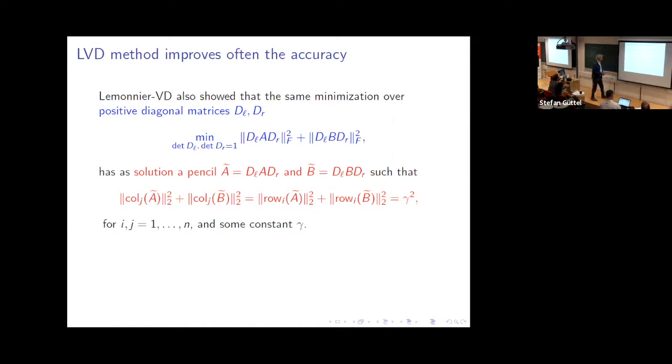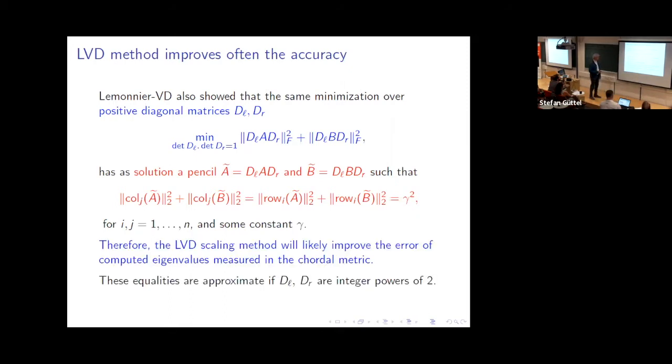The constant gamma is not really important. It's going to be balanced for every gamma as long as it's constant for both columns and rows. Therefore, the scaling will likely improve the error of the computed eigenvalues measured in that chordal metric.